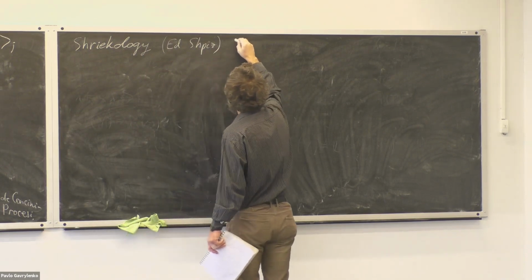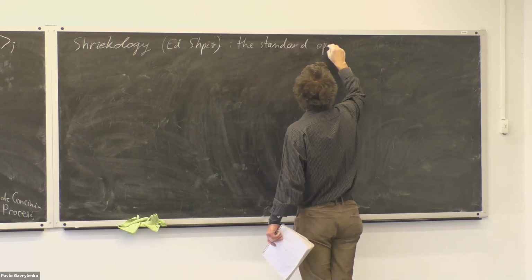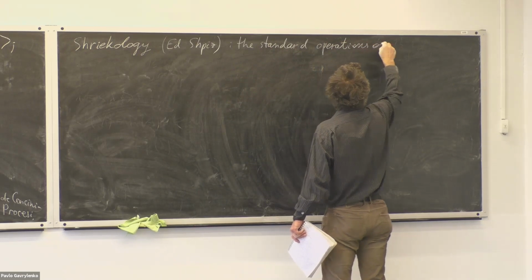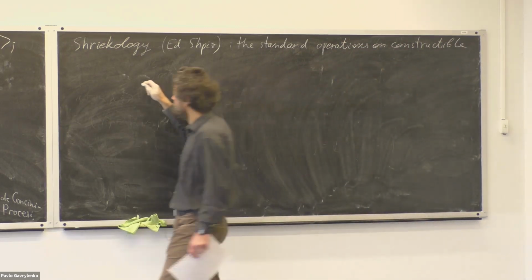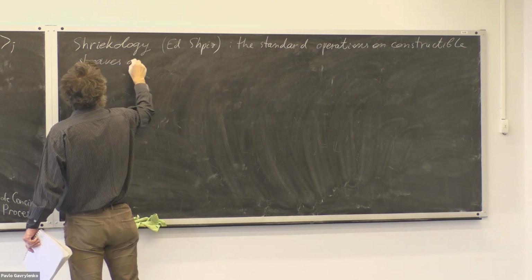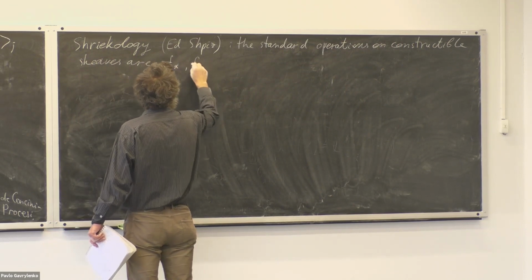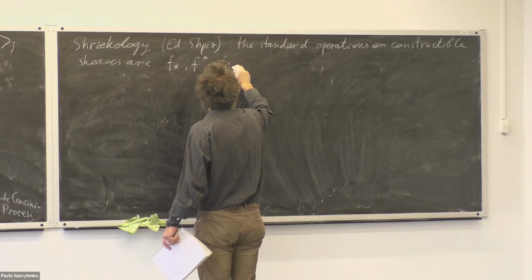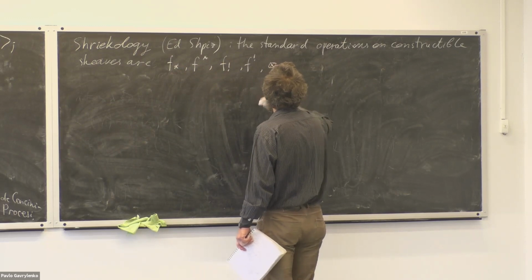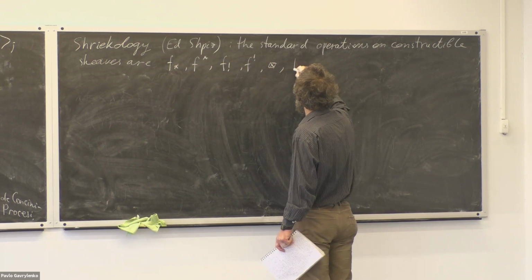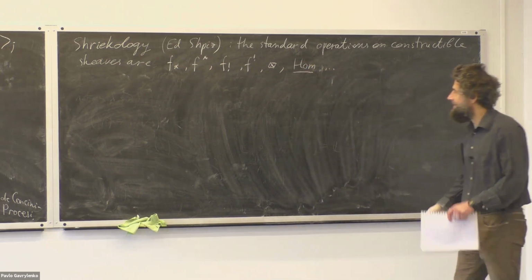And this is because the standard operations on constructible sheaves are the push forwards, the pullbacks, the shriek push forwards, shriek pullbacks, and also external tensor product, and also an internal Hom. Probably that's it, but there are some more.